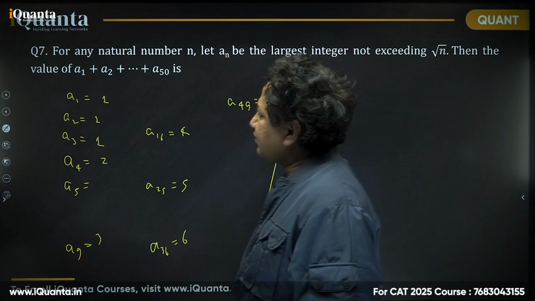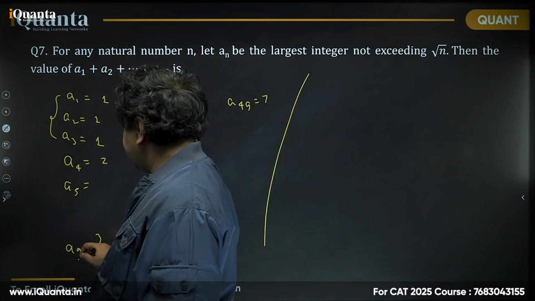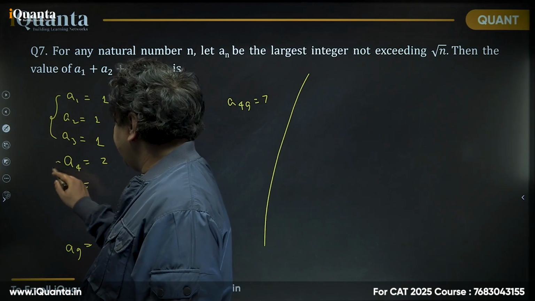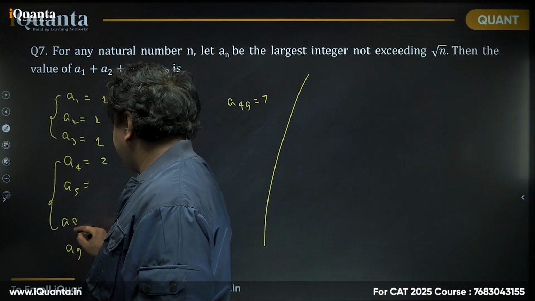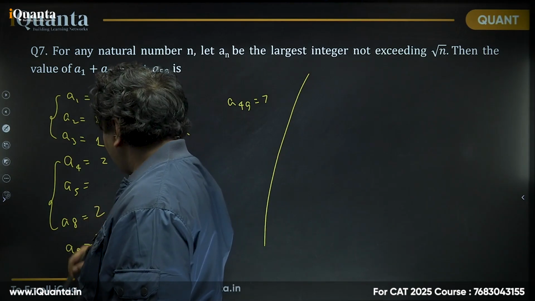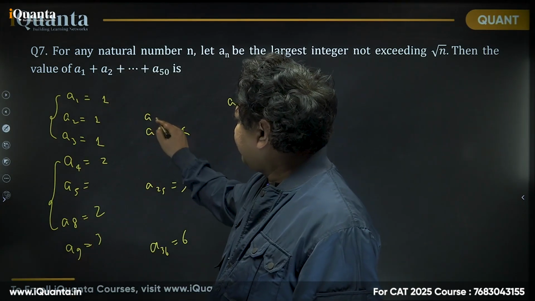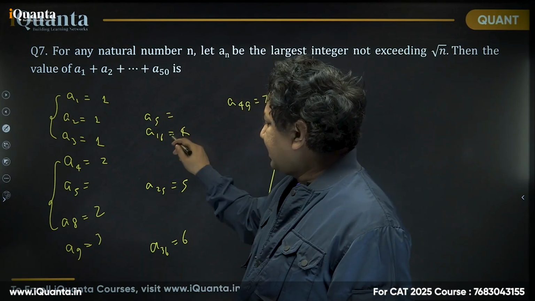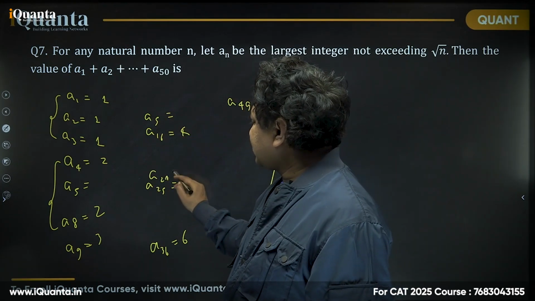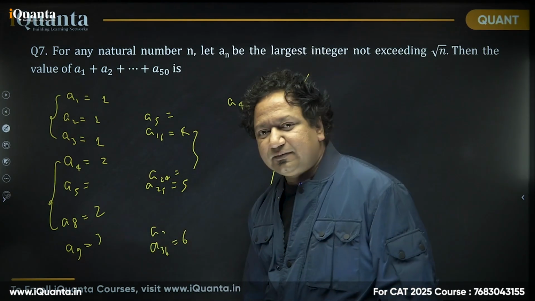So from A1 to A3 we have 1 each, and A4 is 2, A9 is 3. That means from A4 to A8 the square root will be 2 point something, so it will be 2 each from A4 to A8. From A9 to A15 it has to be 3 each. From A16 to A24 it has to be 4 each. Then 5 each till A35 and so on.